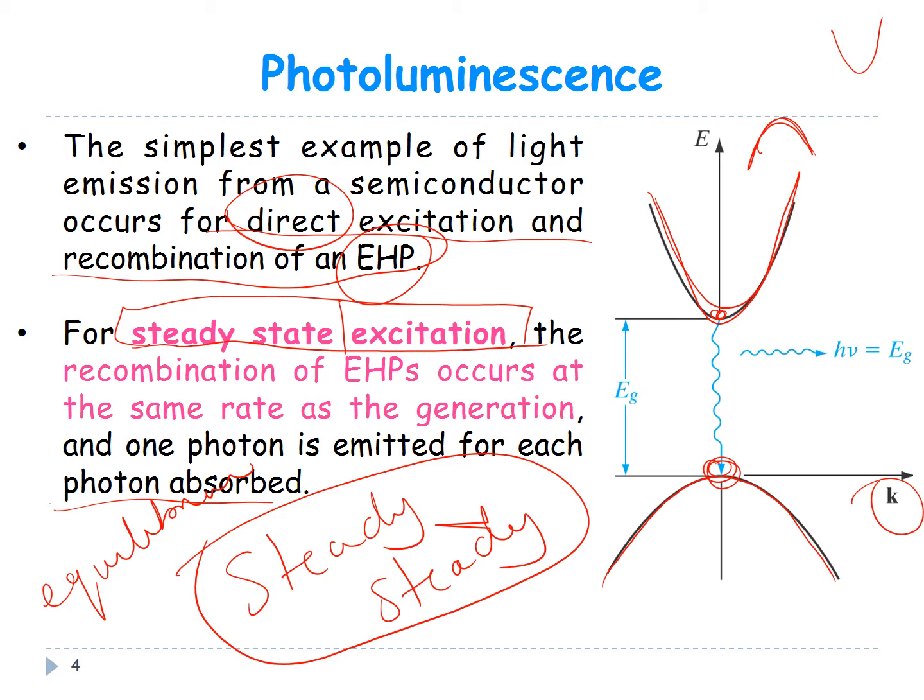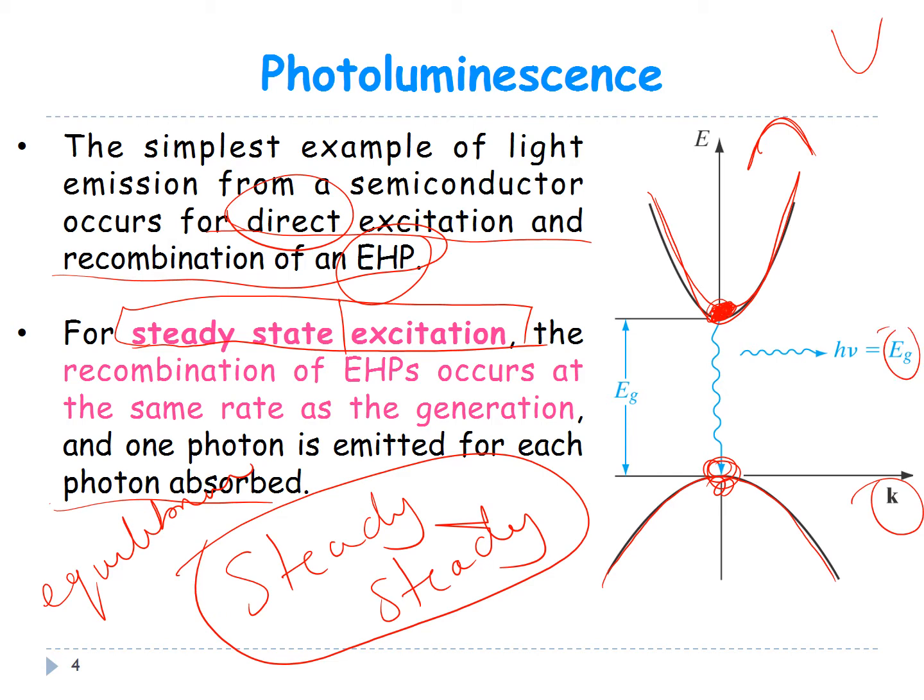The direct gap semiconductors are the ones that usually result in emission of visible light, because all of the energy is converted to light. So you have a direct recombination from the bottom of the conduction band to the top of the valence band, and the light that's emitted is equal to Eg.